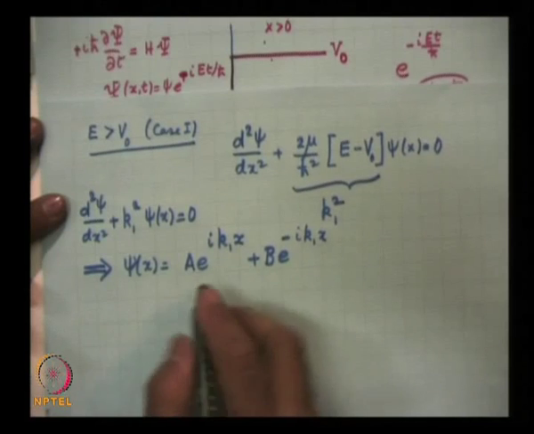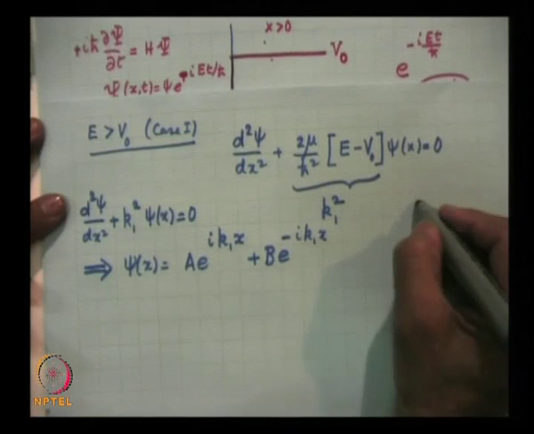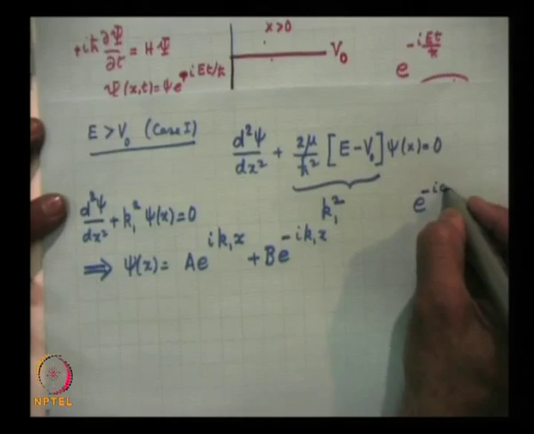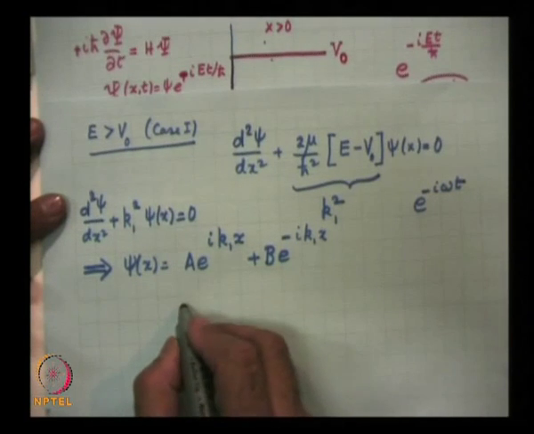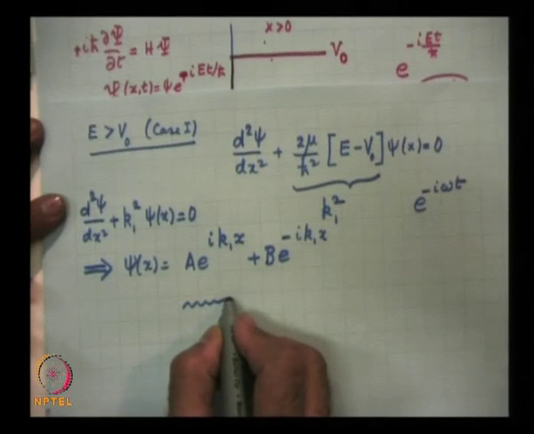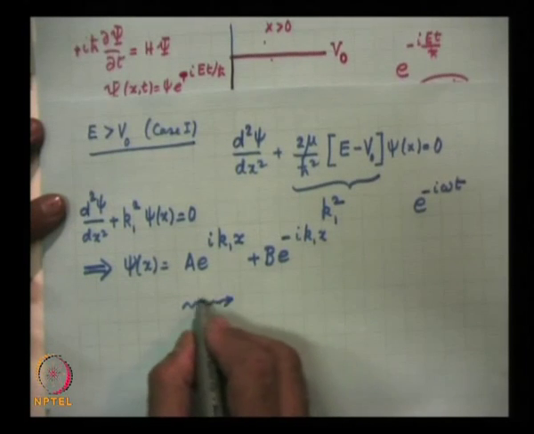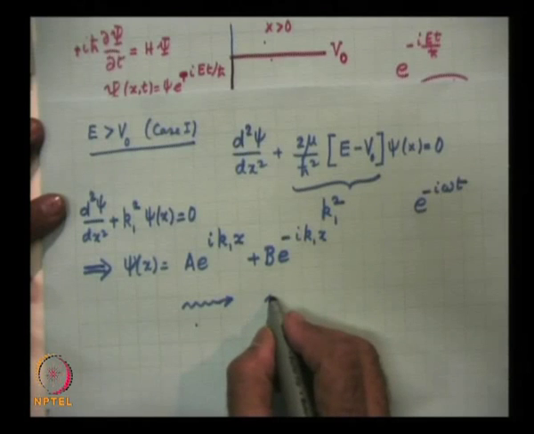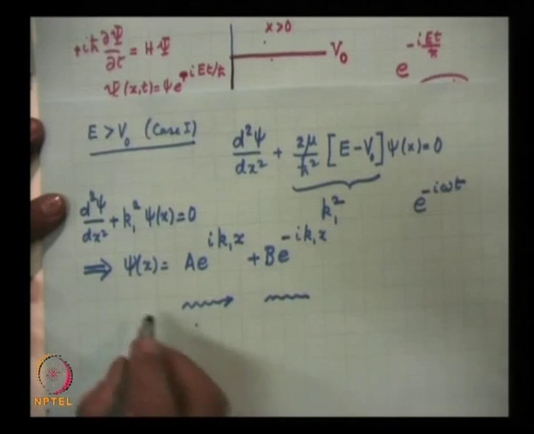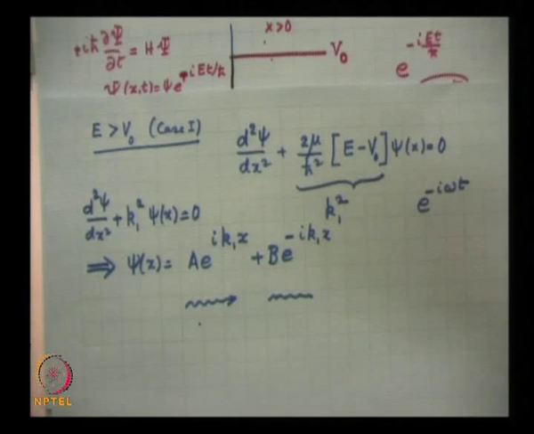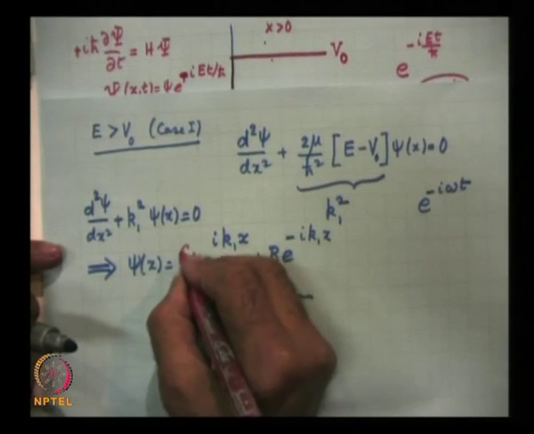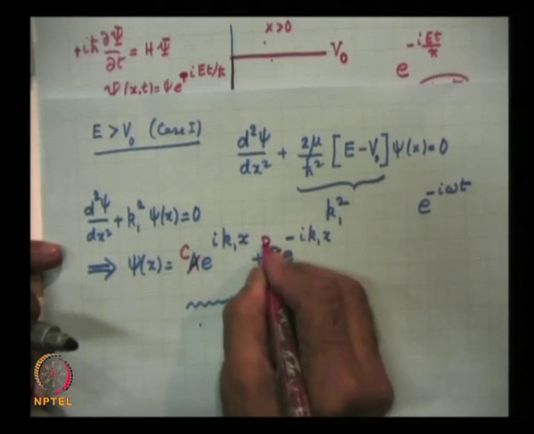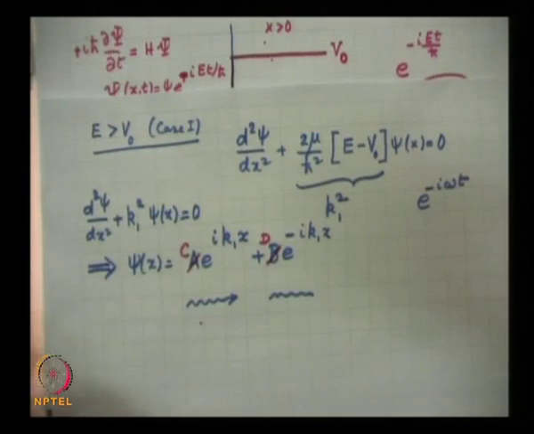And as I mentioned before, because the time dependence is of the form of minus i omega t, this term represents a wave propagating to the right, and this term, since I have used A and B earlier, let me replace these by C and D. I have used A and B in the solutions corresponding to x less than 0.